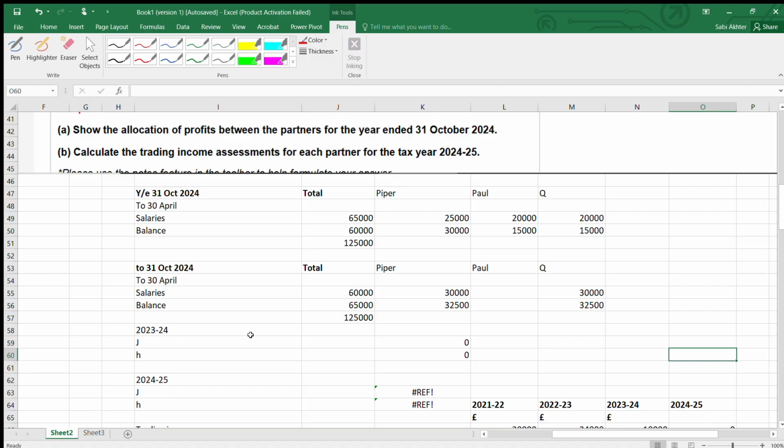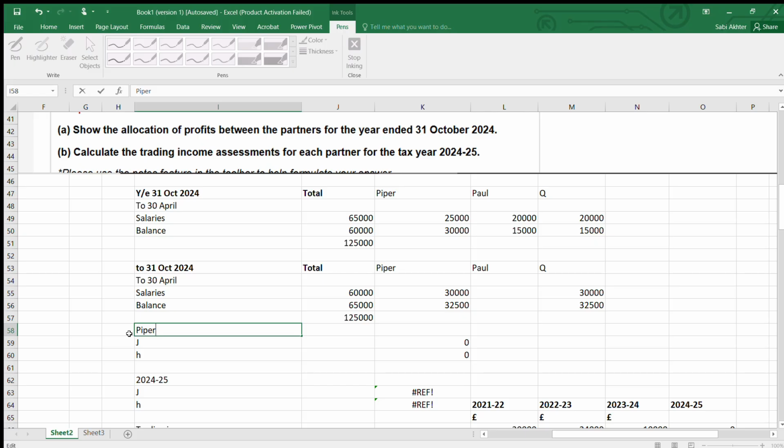Okay. So now let us quickly do that. So first we'll do for Piper the assessment for the tax year 2024-25, and it is ceasing in 2024-25. First let's do for Piper.